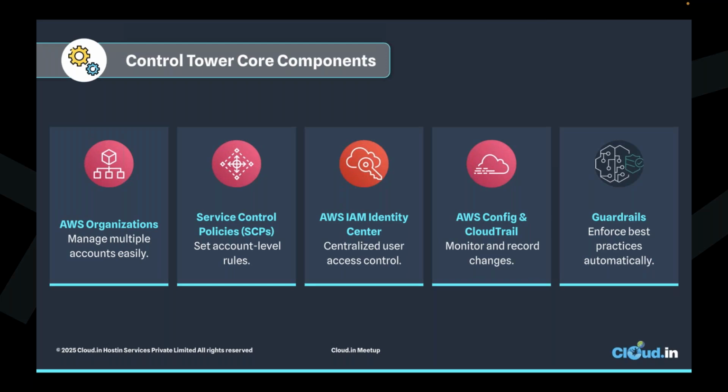You can apply policies, control permissions, and organize accounts into logical units, like if you have different environments such as production, development, or shared services. This makes administration, billing, and compliance much easier and centralized for each and every account.